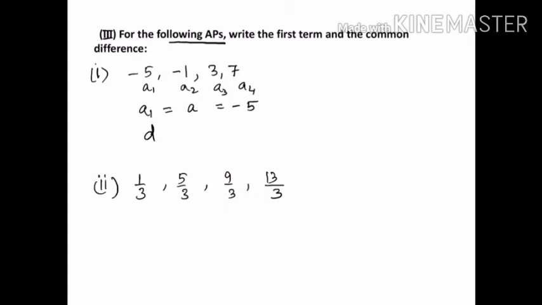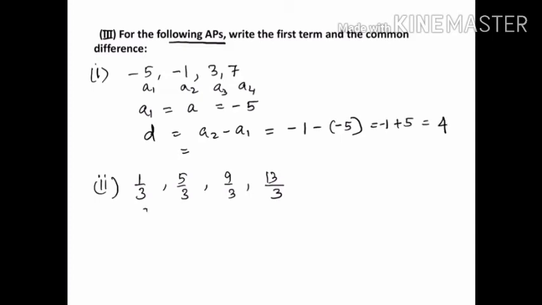The common difference can be obtained by either A2 minus A1 or A3 minus A2 or A4 minus A3. So that is equal to minus 1 minus minus 5, which is minus 1 plus 5, which is 4.